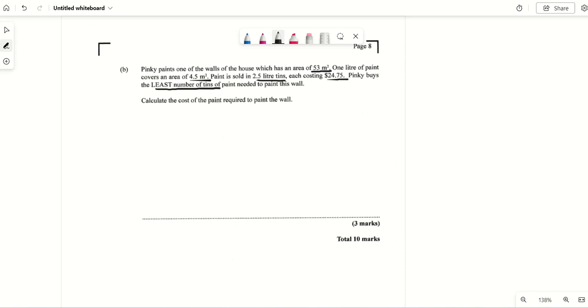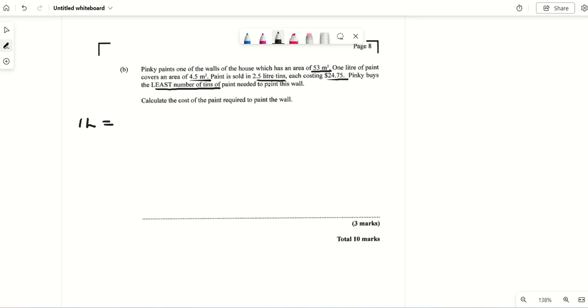So first off, we need to know how many liters in one of these tins will cover. We need to know how many meters squared 2.5 liters, or 1 tin, covers.